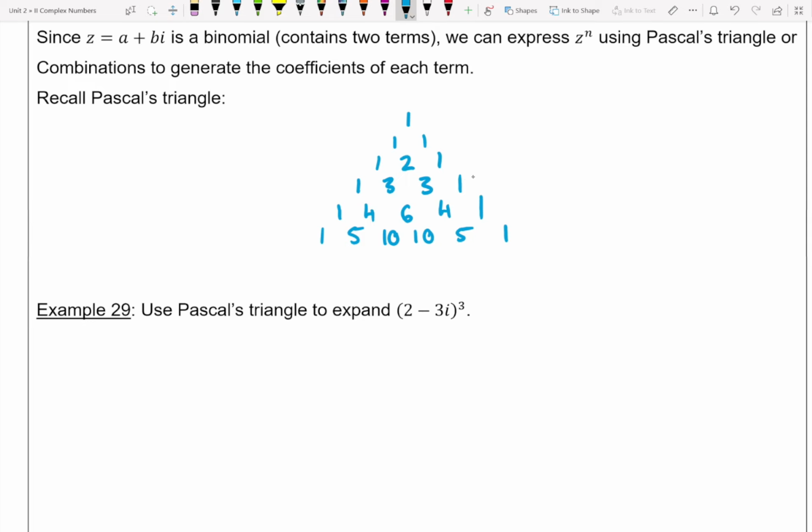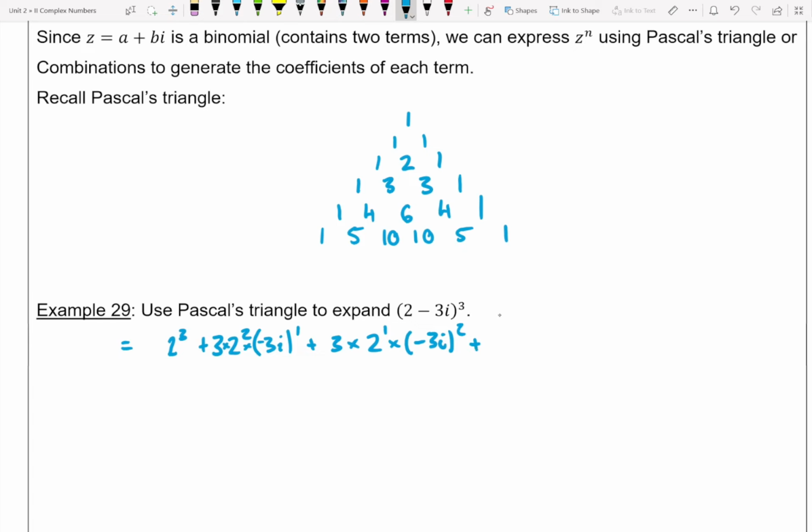So expanding it, we're going to get 2 cubed times negative 3i to the power of 0, which is just 1, plus 2 squared times negative 3i to the power of 1 times 3, plus 3 times 2 to the power of 1 times negative 3i squared.